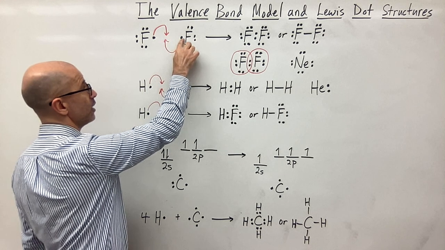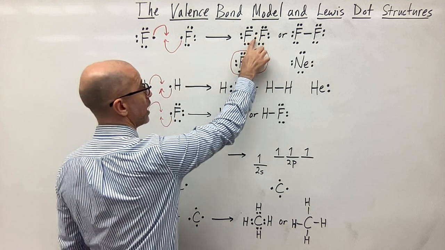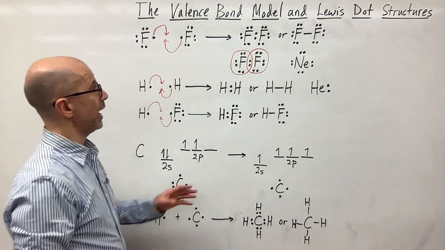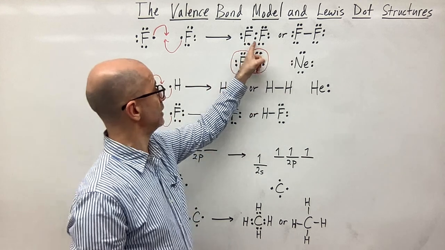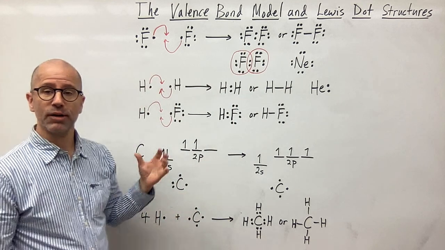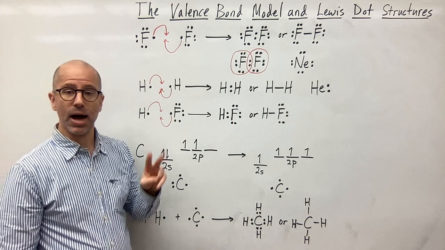This unpaired electron is donated, they're paired up, and then you get the pair of electrons that's shared between the two fluorines. And you could write it as 2 dots between them, or you could replace the 2 dots with a line representing the bond. Remember, if you have a line, it's going to have 2 electrons in that bond, right?